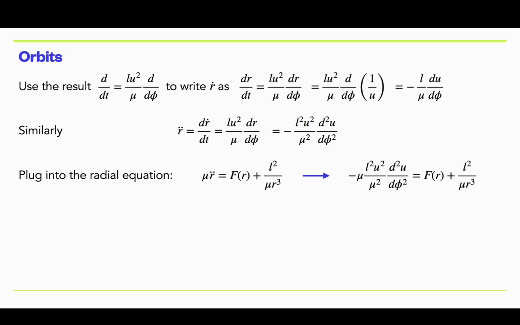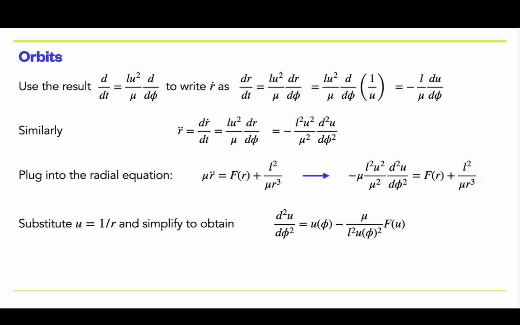So we have mu r double dot. This thing here is our r double dot with a negative sign, equals the force plus L squared over mu r cubed.